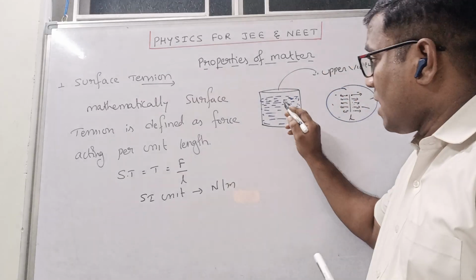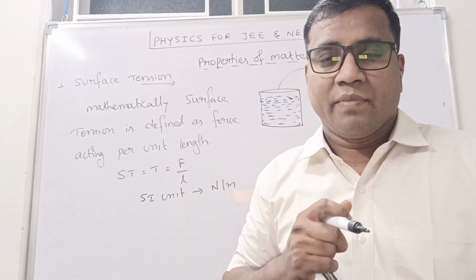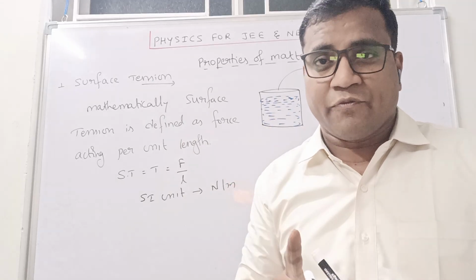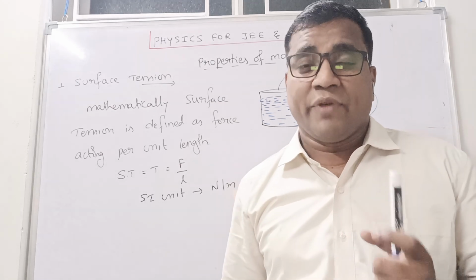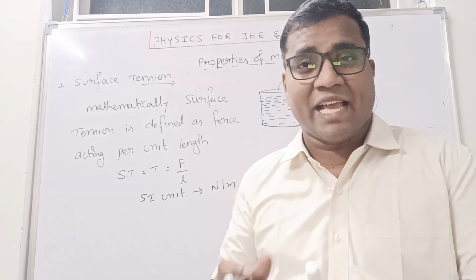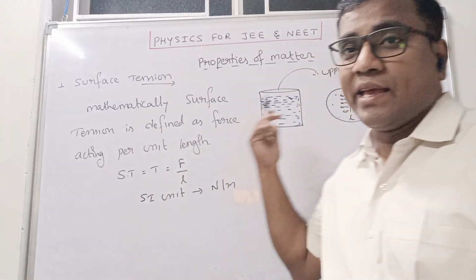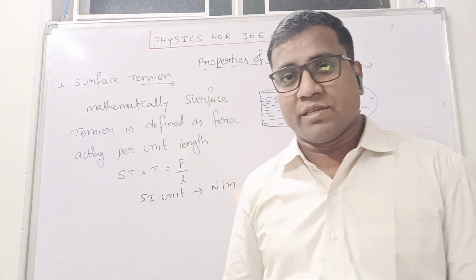If the outer layer is exposed to air, then only we observe it. So for the free surface, which is exposed to another medium like air, there will be surface tension.